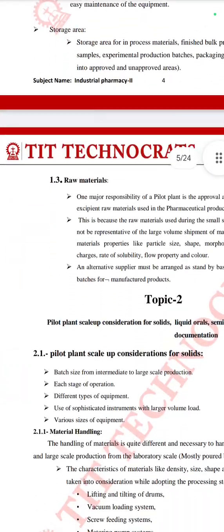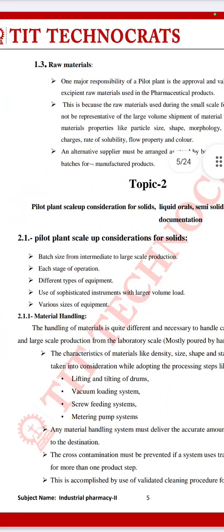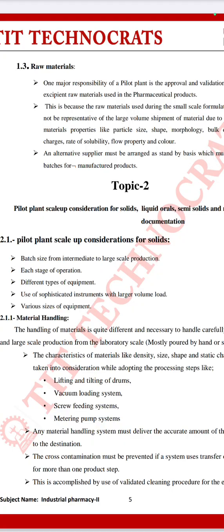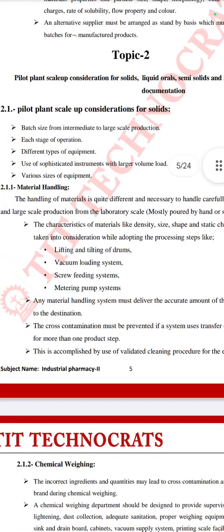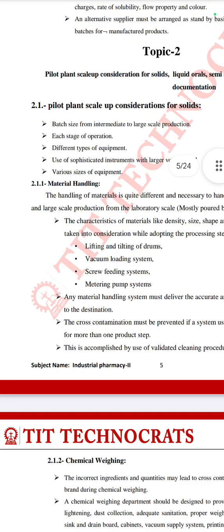Now we are talking about the pilot plant scale up of different types of dosage form, like solid, liquid or semi solid, and their relevant documents.